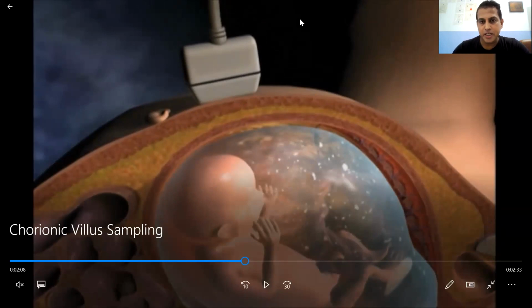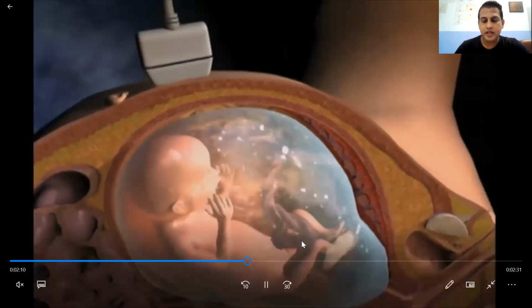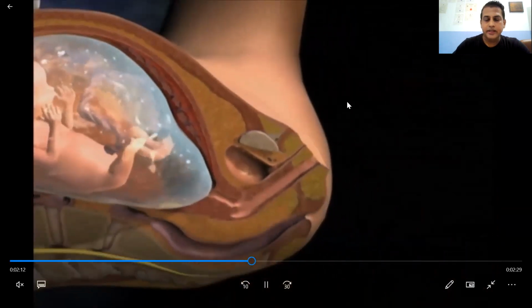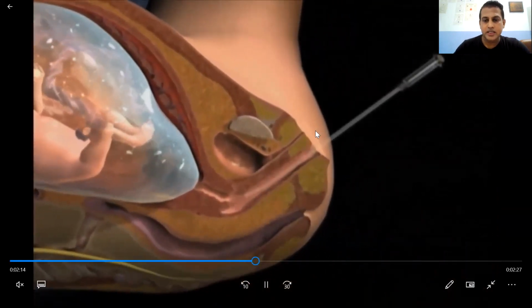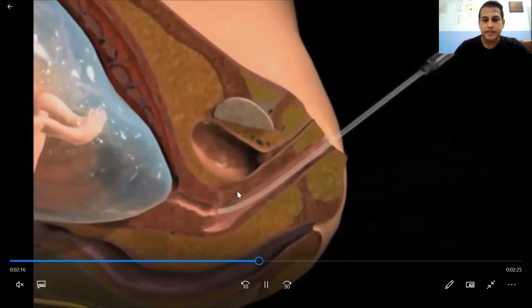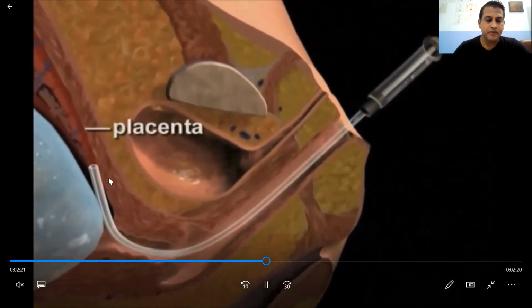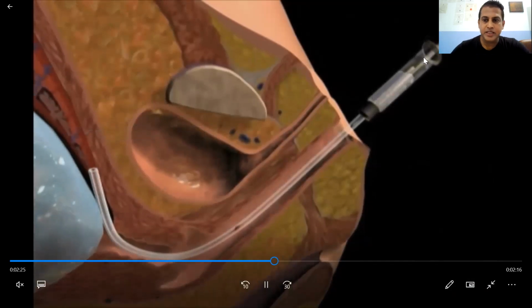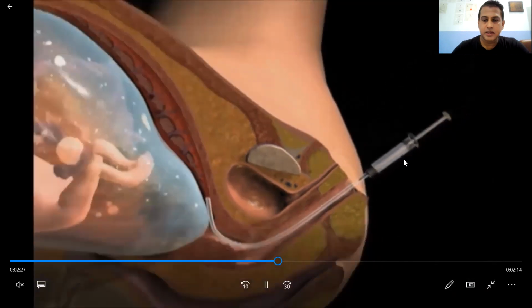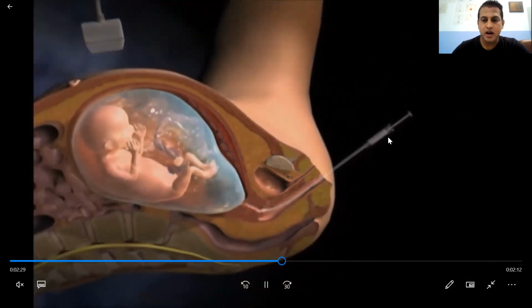These images are on the screen, so the doctor can see the exact position of the baby. And then the doctor inserts a special catheter through the cervix, and then they can aspirate. That means taking some sample by a suction method from the placenta.